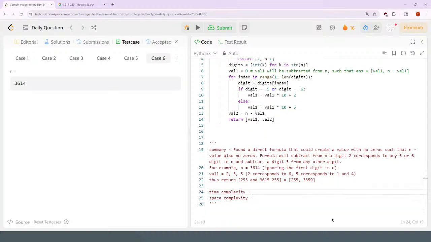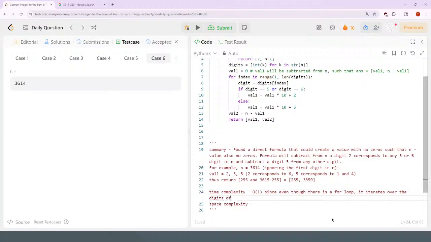Alright, time complexity: this can be O(1), since even though there is a for loop, it iterates over the digits of n, and as n has at most, I think, 5 digits, it will only do at most 5 loops.